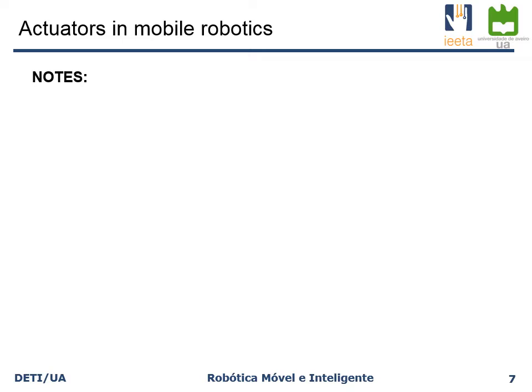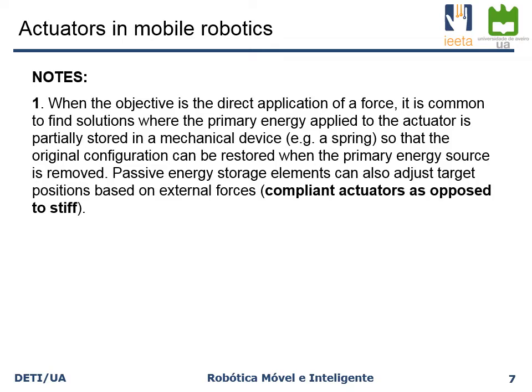Some notes that we can add here. First one, when the objective is the direct application of a force, which is one of the possible applications, it is common to find solutions where the primary energy applied to the actuator is partially stored in a mechanical device, which means that we can also use passive devices, for instance, springs, that can absorb energy and then let it out when it is necessary.